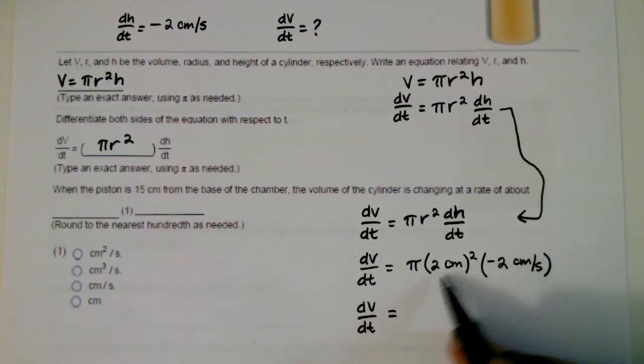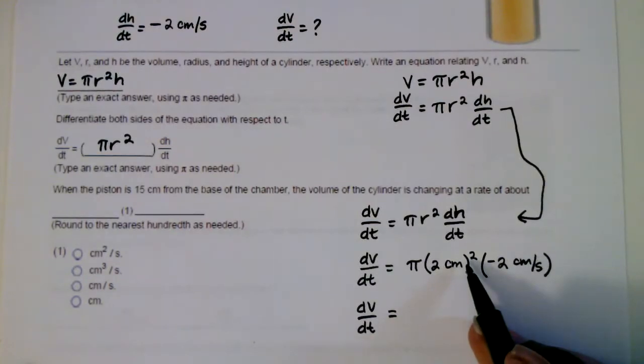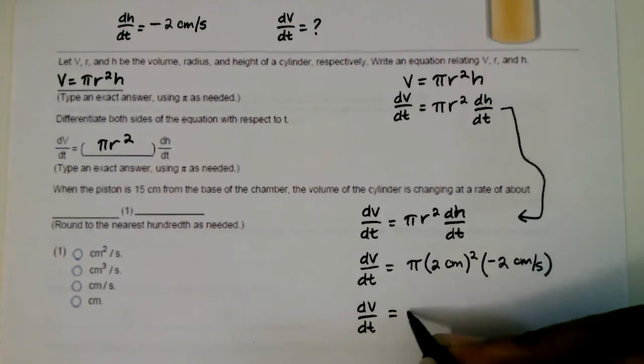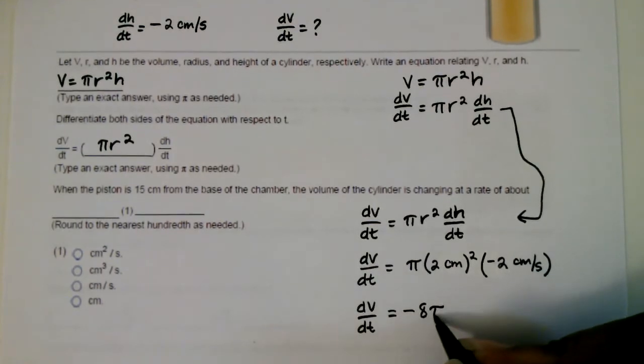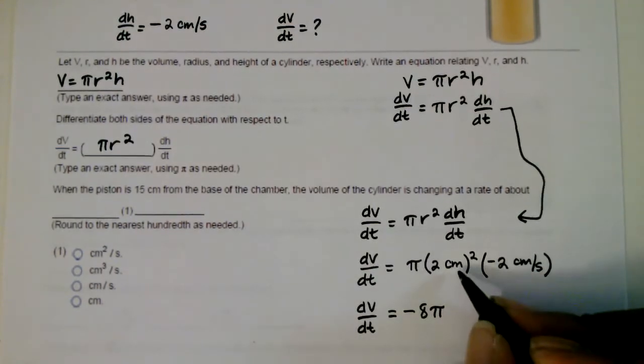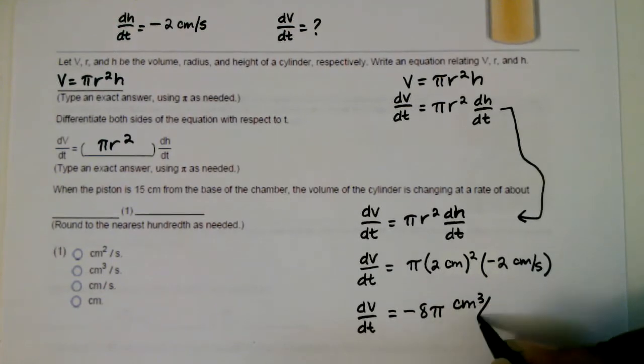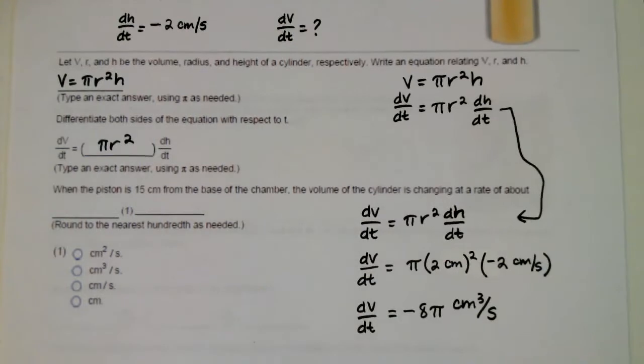So 2 squared is 2 times 2, that's 4. 4 times -2 would be -8, and bring down the pi. So it'll be -8 pi times centimeters squared times another centimeter will be cubic centimeters per second. So dV/dt is going to be -8 pi cubic centimeters per second.